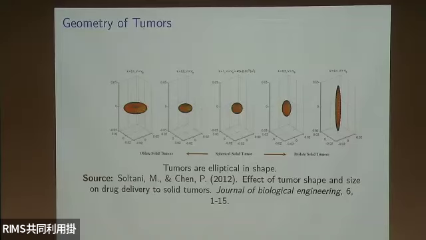Our application in mind is tumor detection. You have a domain, and what you want to do is determine the tumor location. So we're going to assume that the inclusion is elliptical in shape, because in general we can assume that tumors grow in an elliptical fashion.